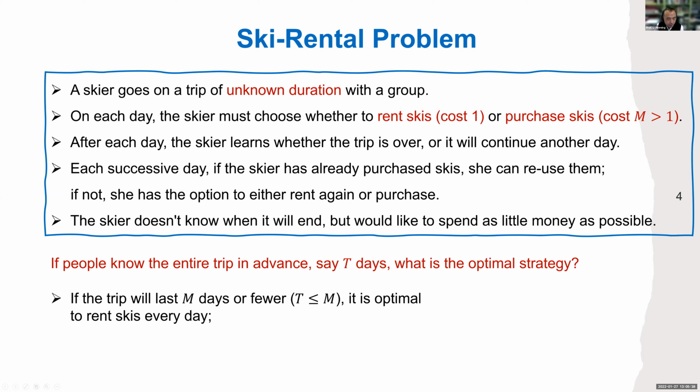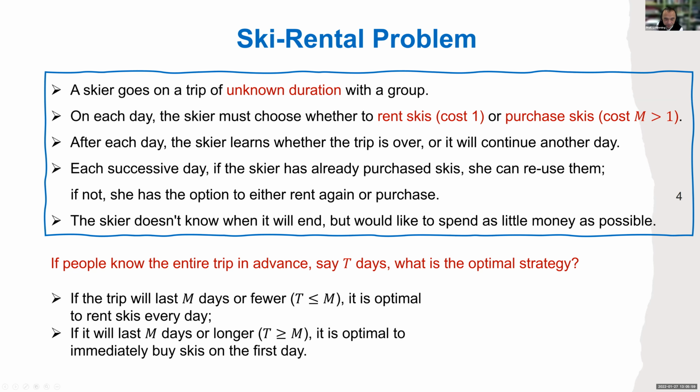So now, if you see that the number of days is small, then definitely you should only rent. Because if T is less than or equal to M, then you just rent every day. The cost is T, which is less than or equal to M. Of course, that's best, right? Agree? Now on the other hand, if T is larger than M, then the best is just to buy.